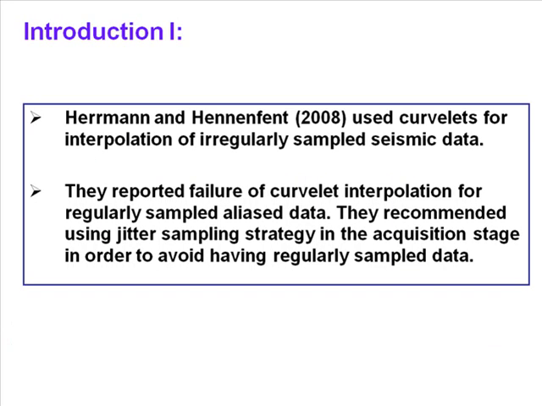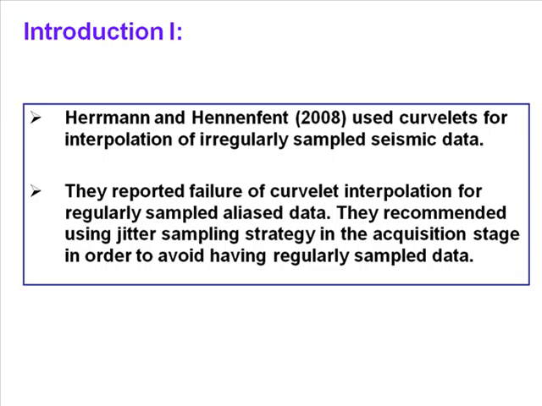But what motivated me was that there were people at UBC, Herrmann and Hennenfent, who were using curvelets for interpolation, but for irregularly sampled seismic data. They were saying that if you have regularly sampled aliased data, curvelets can't do anything, and you can't reconstruct from the aliased data.